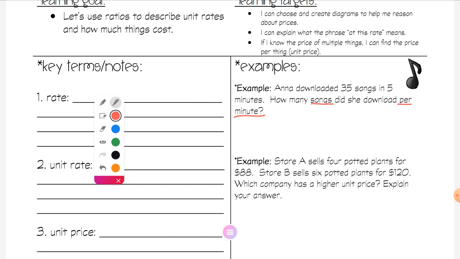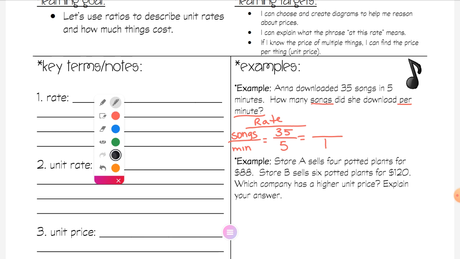So our rate, I want you to write this, our rate is going to be songs over minutes. The rate that it gives us is what to what? How many songs did it give us, Jake? 35. In how many minutes, Jake? 5. We have to get our denominator to be a 1.